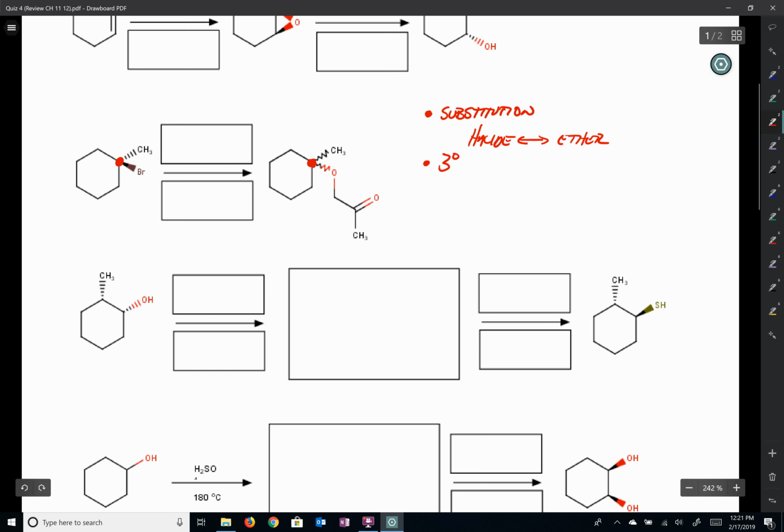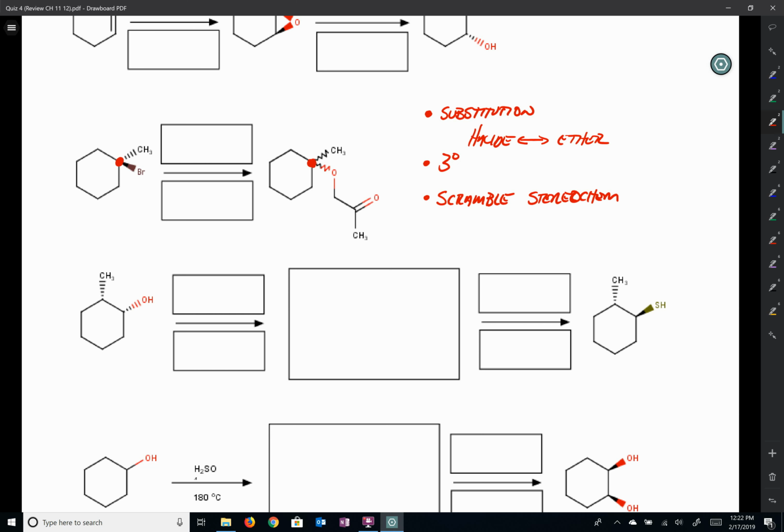We're at a tertiary carbon, and we scramble the stereochemistry. So all this kind of adds up as evidence that we are going to be doing an SN1 type substitution.